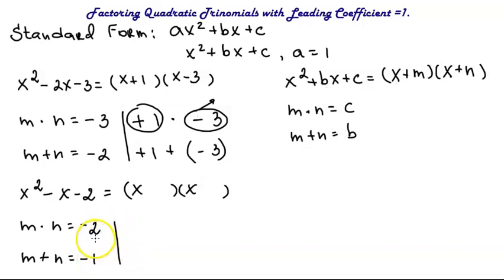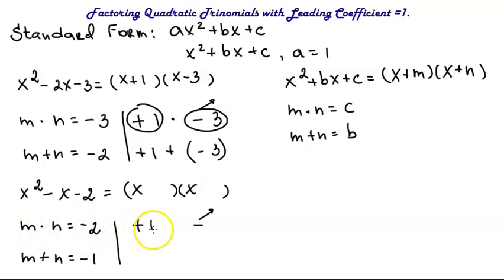Starting with the product and with the sign: if I multiply them, the result is negative again, meaning I'm dealing with one positive and one negative. And similar to the first example, when I combine them, the result is negative, meaning the negative number is higher. So the product of the two numbers is negative 2.